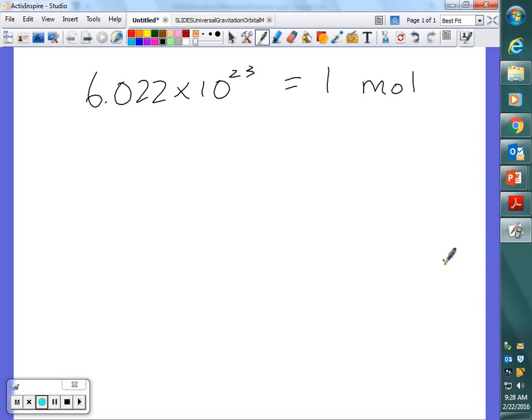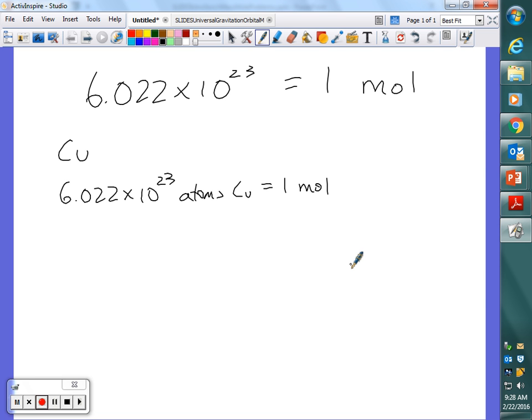Does that sound familiar? Okay? Now, when we were talking about, let's say copper, we talked about the idea that if we counted out 6.022 times 10 to the 23rd atoms of copper, that would be 1 mole, because that's what a mole is, that many things, right?